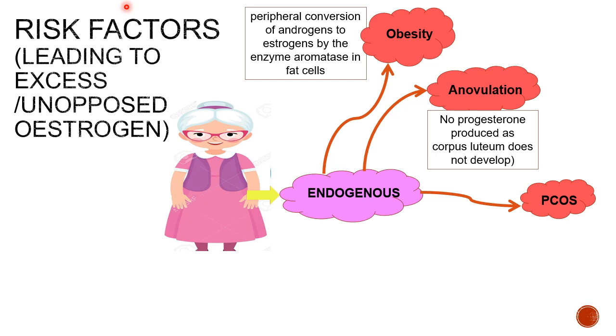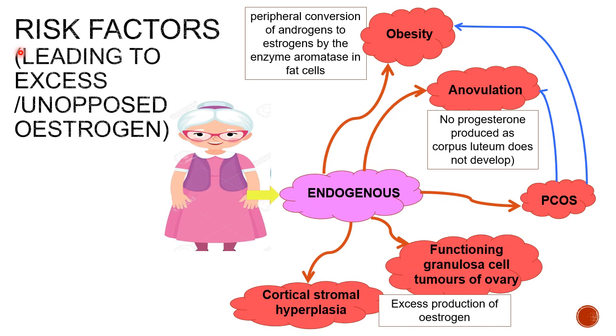PCOS can lead to excess unopposed estrogen probably via two main mechanisms. Number one, patients with PCOS tend to not ovulate, so this chronic anovulatory state can produce excess estrogen, as I've mentioned earlier. And secondly, patients with PCOS also tend to be obese, so they share the same mechanism as I have mentioned earlier.